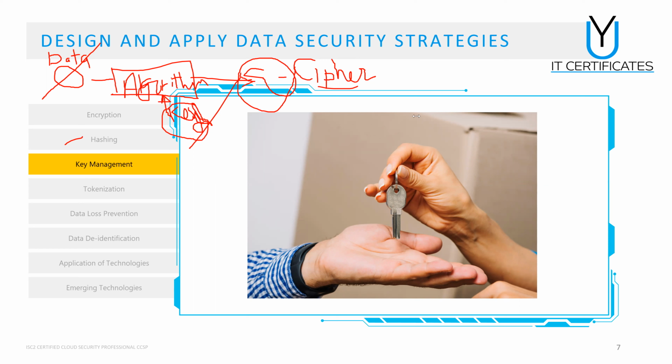But if you have a notebook and you lost it, or someone steals your notebook, and the thief was able to open the machine and get the key, yes, it can be hacked. And this will be critical, and you have to immediately block this key. This is very important.